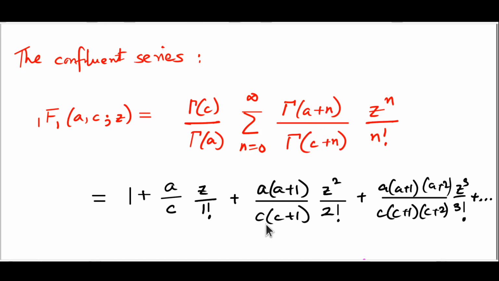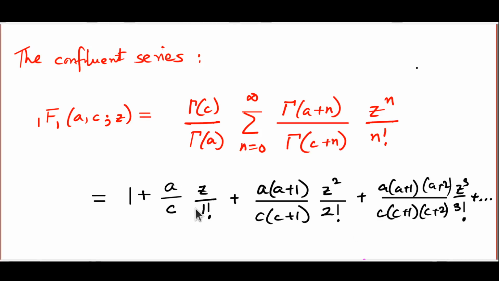And in the denominator, you have c into c plus 1. It's easy to see that the next term will be a into a plus 1 into a plus 2 by c into c plus 1 into c plus 2 into z cube by 3 factorial. And the series will continue in this fashion. So the series really is rather simple, and it's only the presence of the gamma functions which is making it look perhaps a bit more intimidating than it should be.